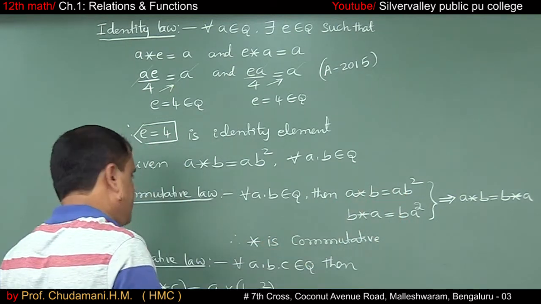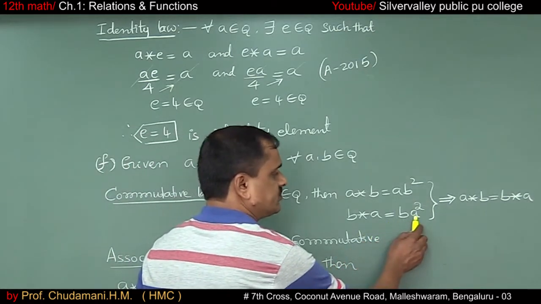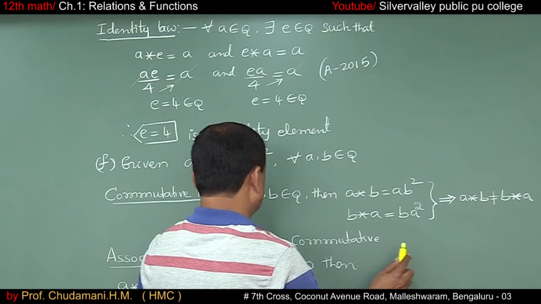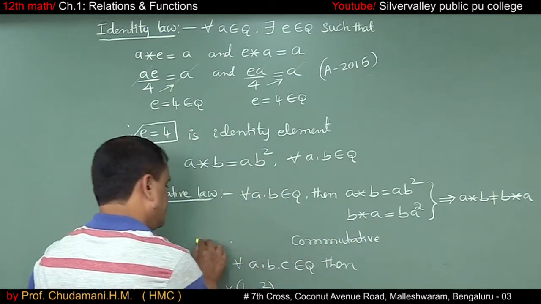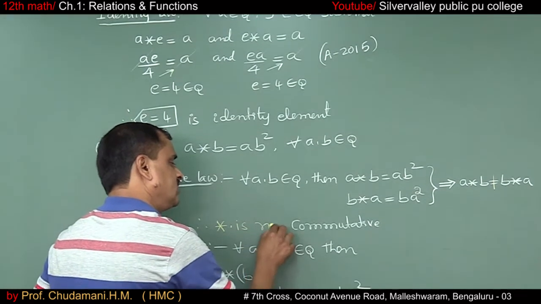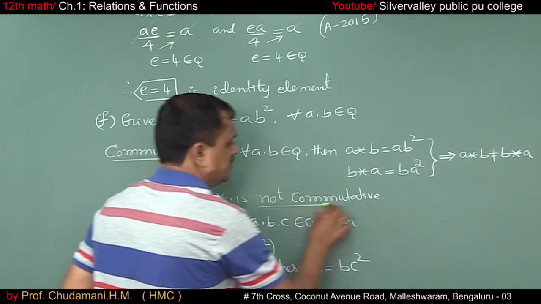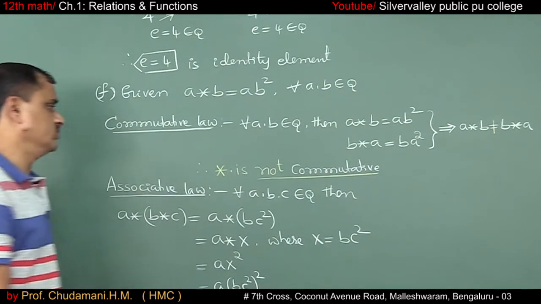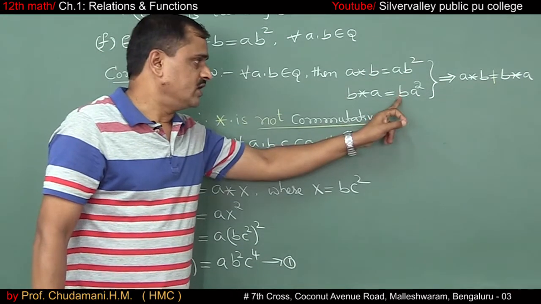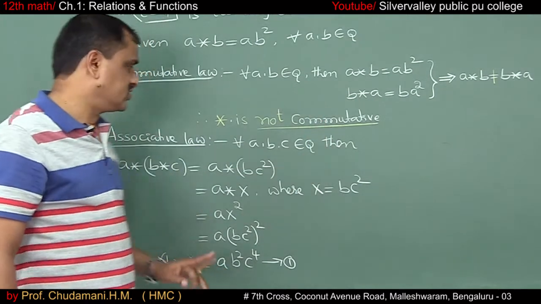B star A means what? B A square. From these two, A star B is not equal to B star A. Therefore, star is not commutative. A B square and B A square are not one and the same.